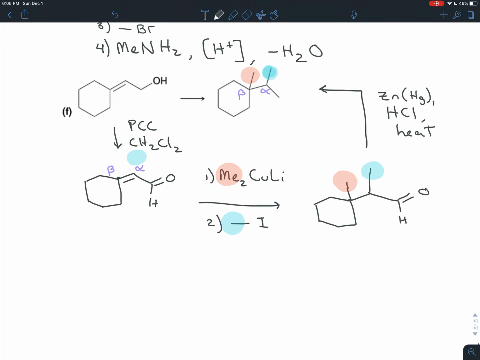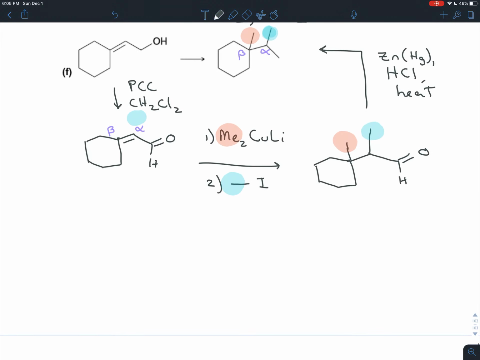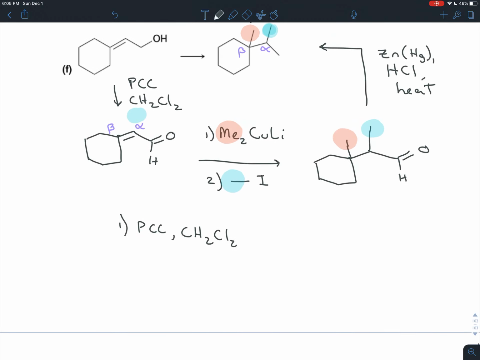And so overall, you have 4 steps in this synthesis. The first step is to use PCC, pyridinium chlorochromate, and dichloromethane solvent to create a carbonyl with an alpha and beta position with their unique reactivities. Then you alkylate the beta position by using the weak Gilman reagent.